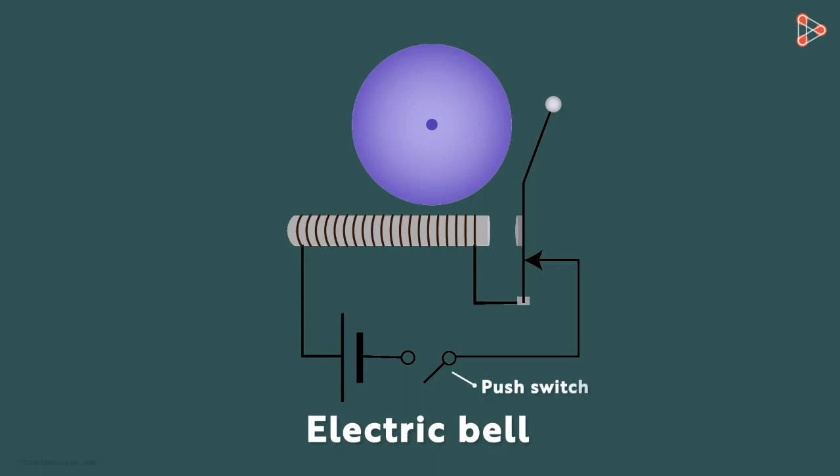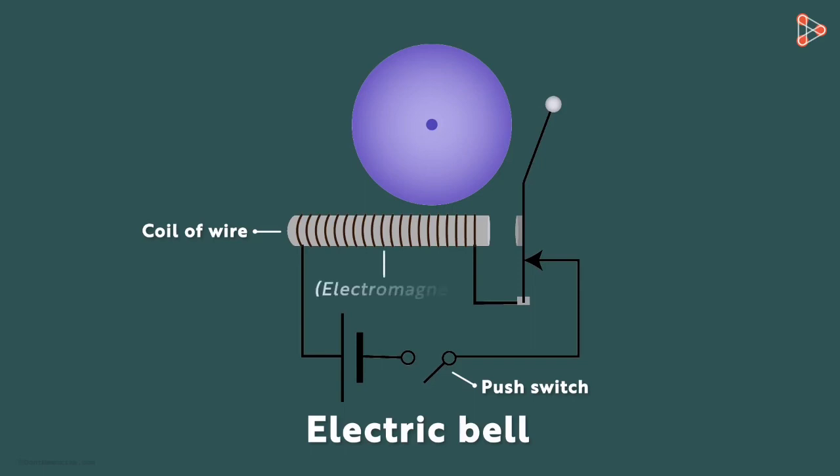This is a push switch, which is nothing but the switch we press when we ring the bell. This is a coil of wire wound around an iron piece. There could be two coils of wire wound around an iron piece as well. Remember, we've just drawn a simplistic version of the actual circuit.